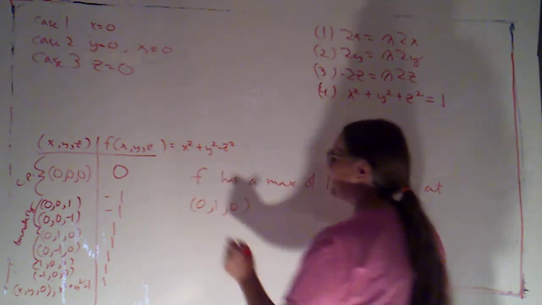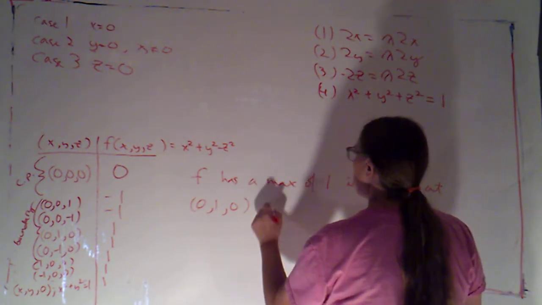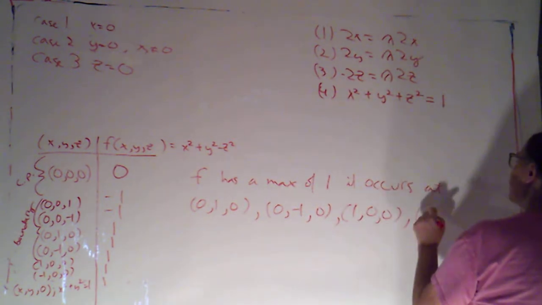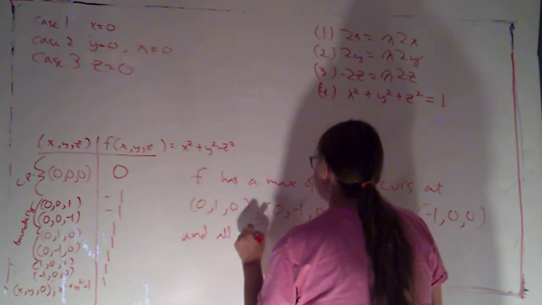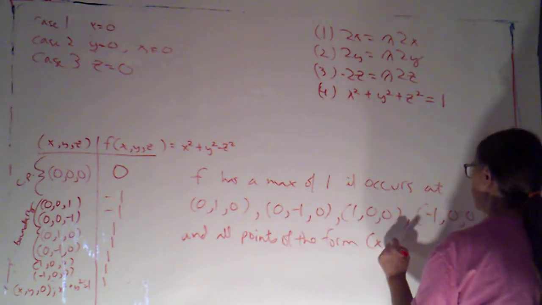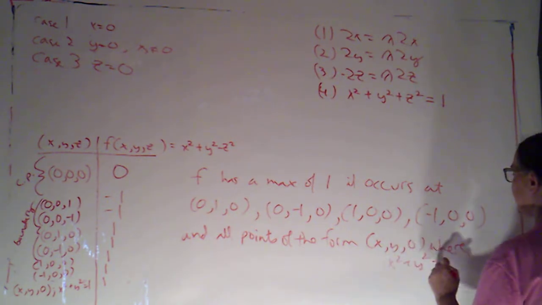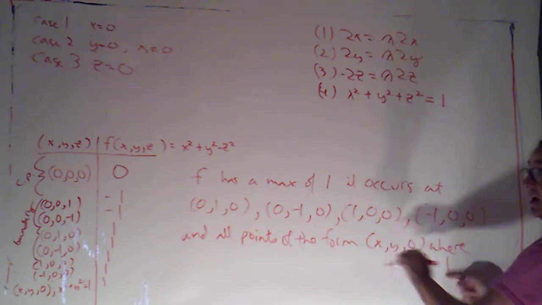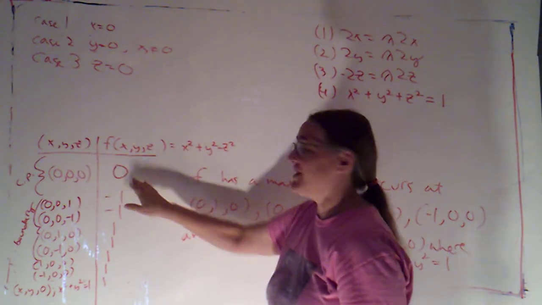I tend to label them with numbers if I have to write lots of messy fractions, but here I don't, so I'm just going to do it. 0, 1, 0; 0, -1, 0; 1, 0, 0; -1, 0, 0; and all points of the form x, y, 0, where x squared plus y squared equals 1. That's important. If you just say x, y, 0, you'd be including points like the origin, and that's not a place where we achieve that max.